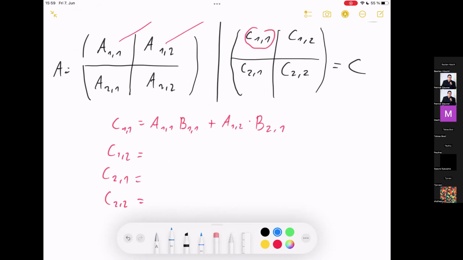But what we see is we have one multiplication here, we have one here, we will have one here again. I'm just putting where we have the multiplications of the block matrices. So in sum, we will still have 8 multiplications. And we have these pluses, but the pluses don't matter for now.